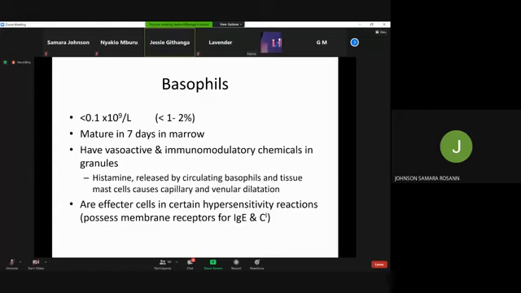And they also activate complement. So they do have an important role. Although when we actually look at basophils in day-to-day life, when we are analyzing them, because of their very few numbers, not much attention has been paid to them.